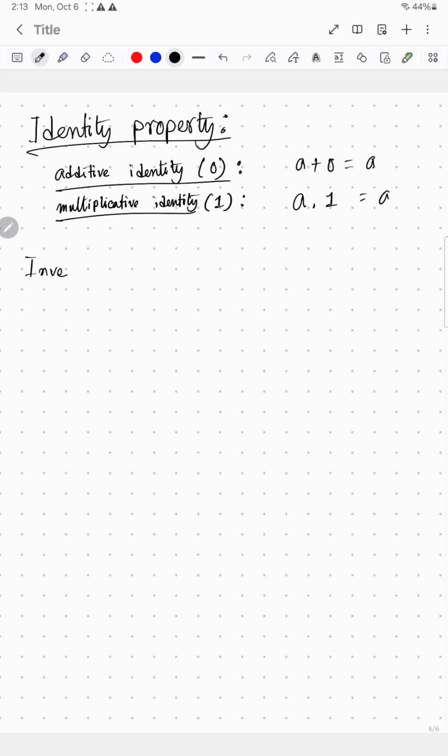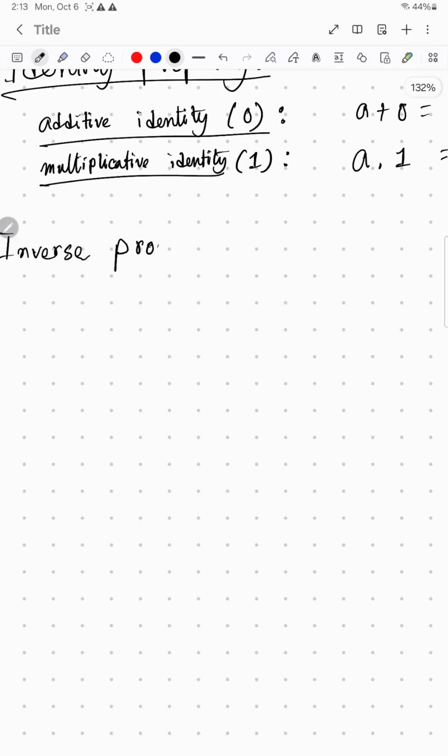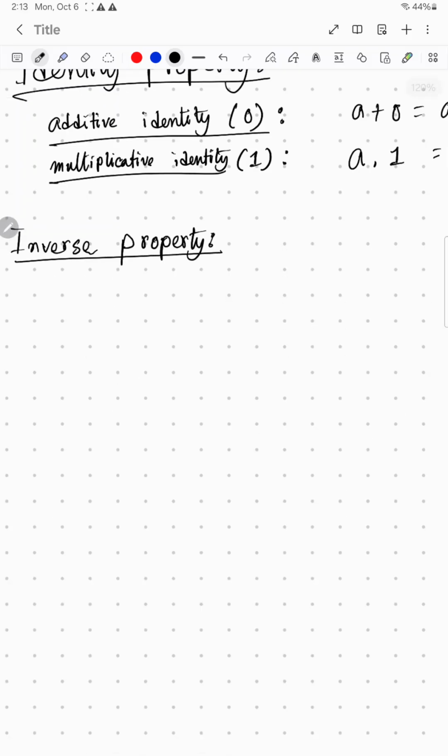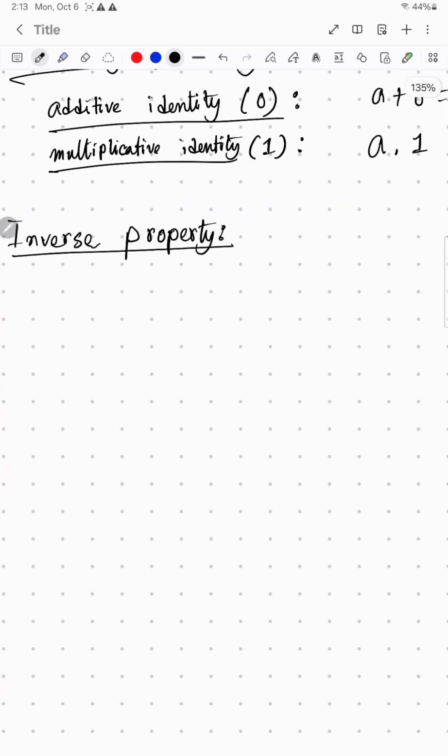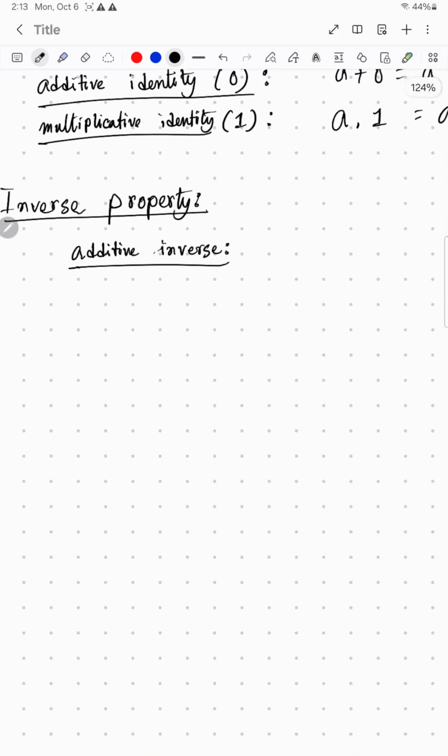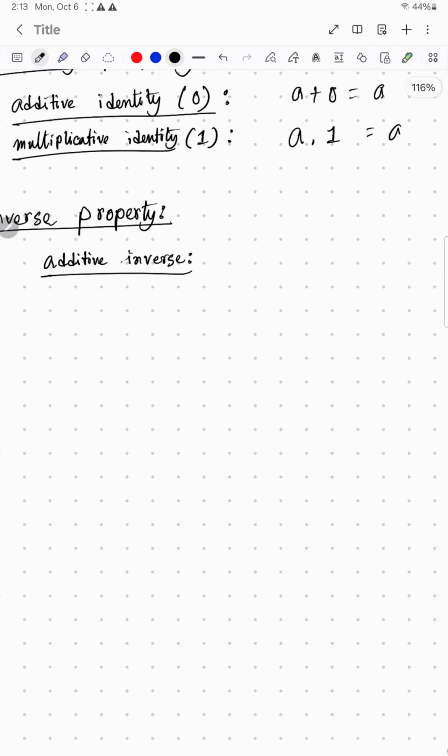The last property we have is called inverse. Now, what are inverses? Inverses are two numbers that, when you combine them, you get the identity back.